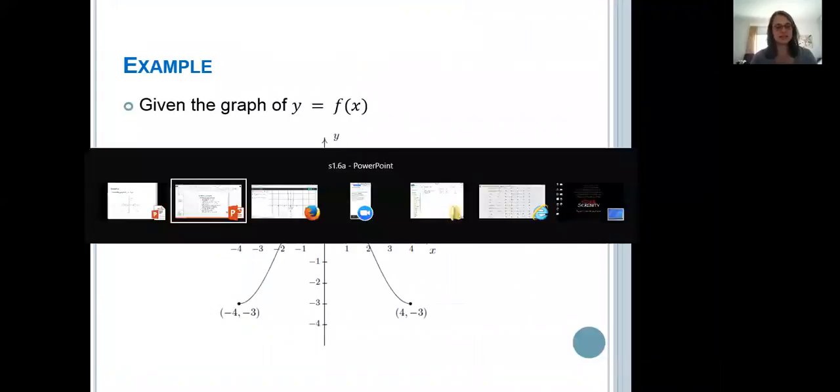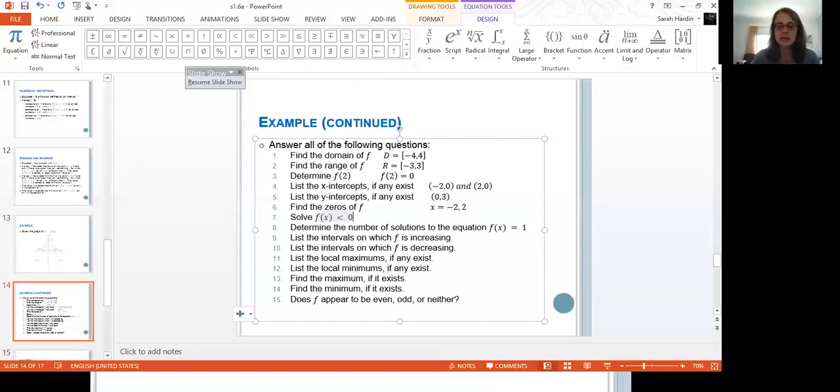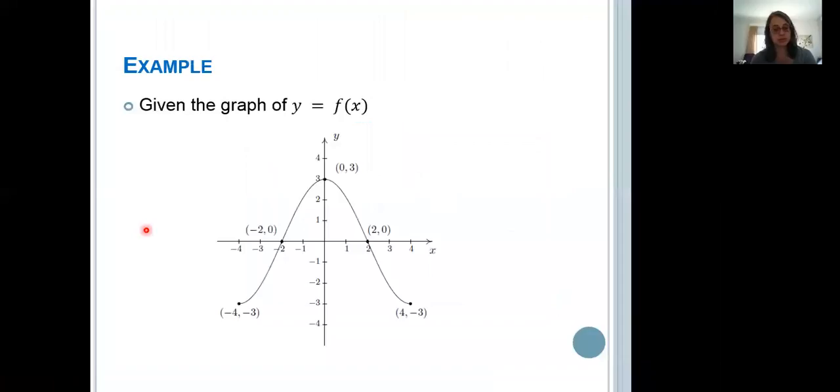All right. Now, the next question says, solve the inequality f of x is less than 0. What that means is find all the x's for which y is less than 0. So let's look at our graph. Where's our graph below the x-axis?